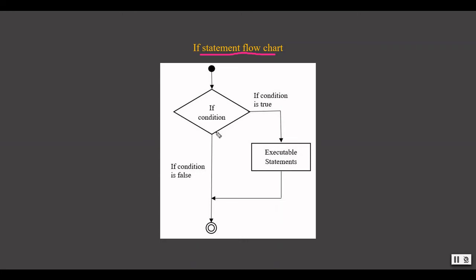This rhombus is used to indicate any condition. Any condition will be represented by drawing a rhombus. So the if condition is tested, and if the condition is true, it executes the block of statements within the if structure. If the condition is false, then the other statements in the flow of the program will be executed.